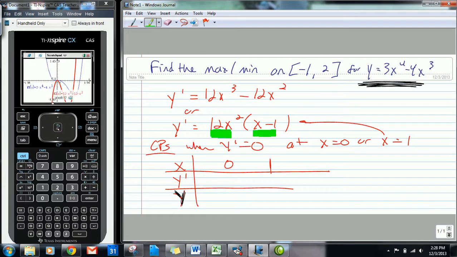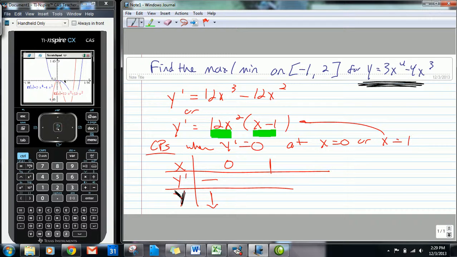And note that the derivative over this interval is below the x-axis, therefore the derivative is negative, right? So if our derivative is negative, that means our function over that same interval will be doing what? That's right, decreasing. Right? So negative derivative corresponds to a decreasing function. Make sense?